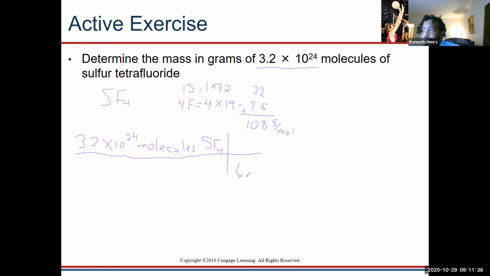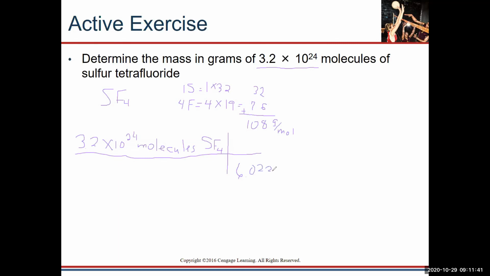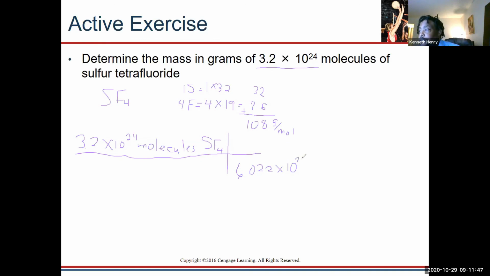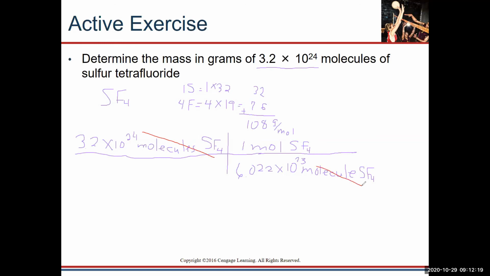I need to use Avogadro's number, 6.022 times 10 to the 23rd molecules of SF4, and we know that's equal to 1 mole of SF4. So we've gotten rid of molecules, and now we have moles of SF4.